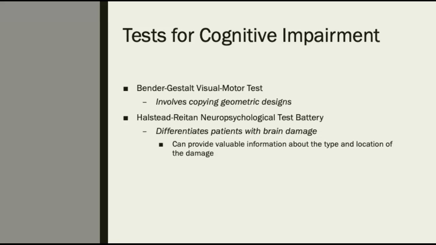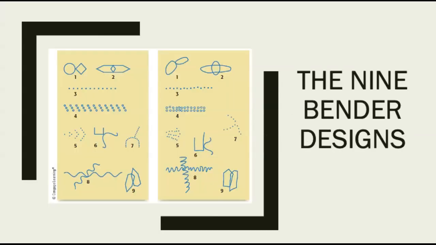These tests noted here are used frequently in order to determine levels of impairment resulting from potential brain damage. And here we have figure 3.3 from our text that gives an example of the 9 Bender designs.